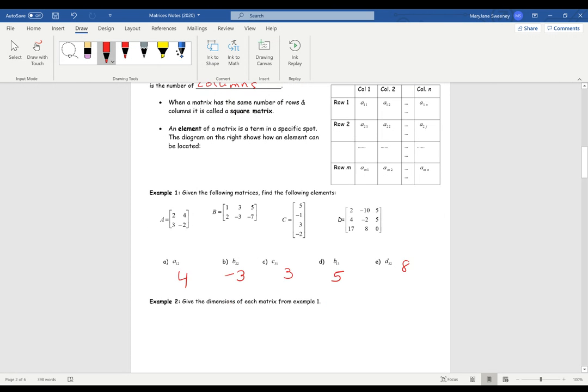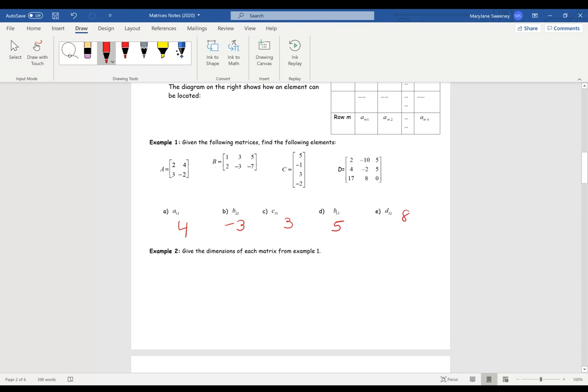Okay. Give the dimensions of each matrix from example 1. Matrix A has 2 rows and 2 columns, so we would say it has dimensions 2 by 2. That's 2, a little x like your old school multiplication sign, and then 2.